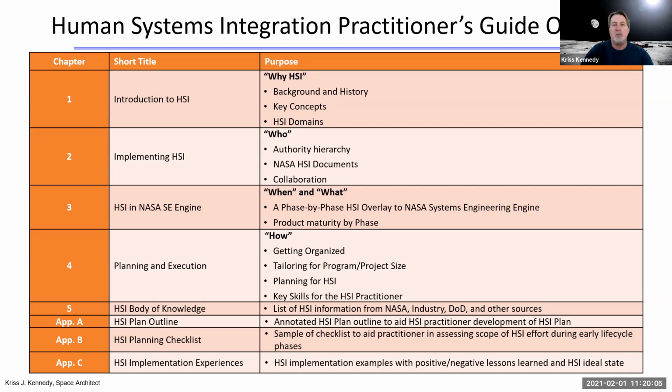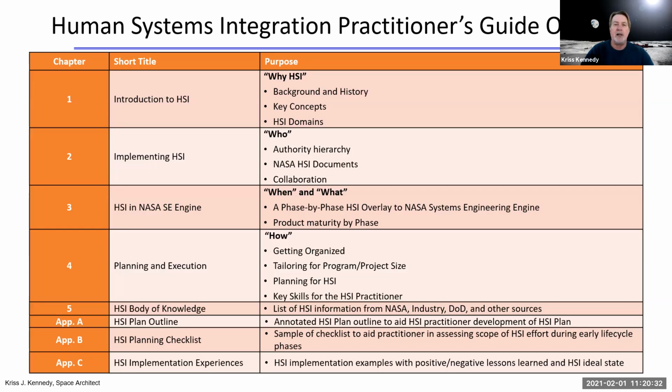Chapter 2 is implementing HSI, the who, the authority, hierarchy, the documentations and collaborations. Chapter 3 is HSI in the NASA systems engineering, when and what, by phase. And chapter 4 is planning and execution, the how, getting organized, tailoring for a program or project size, planning for HSI and the key skills.